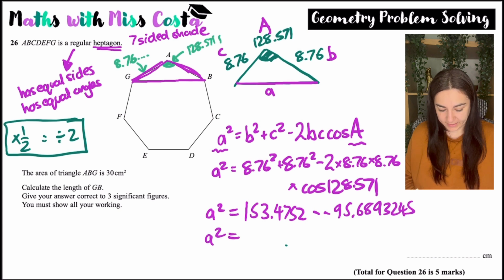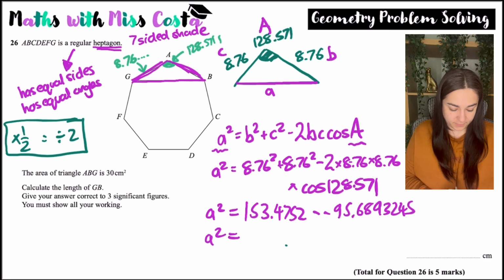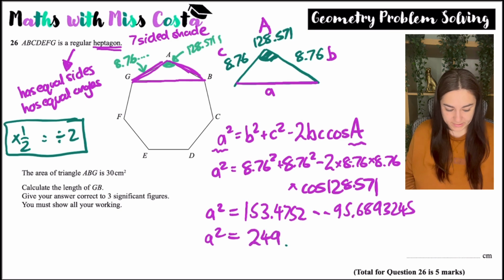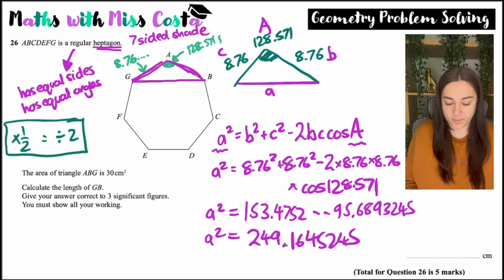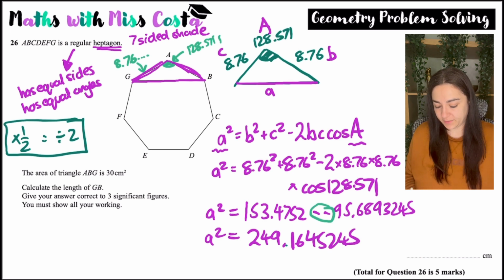So a squared is going to be 153.4752, take away that answer, which is 249.164525. Remember that because you're subtracting a negative, you're actually going to end up adding it.